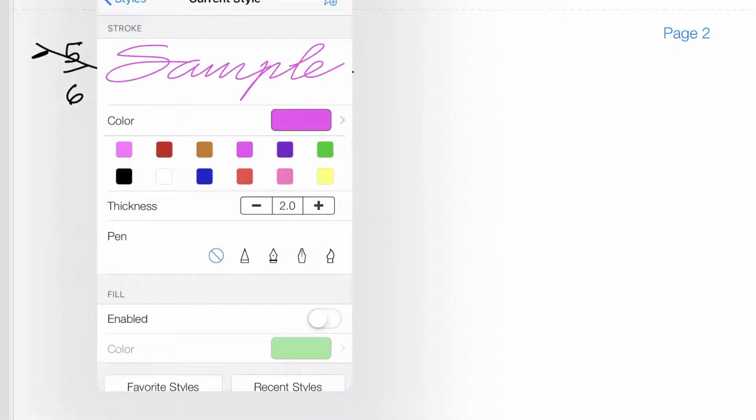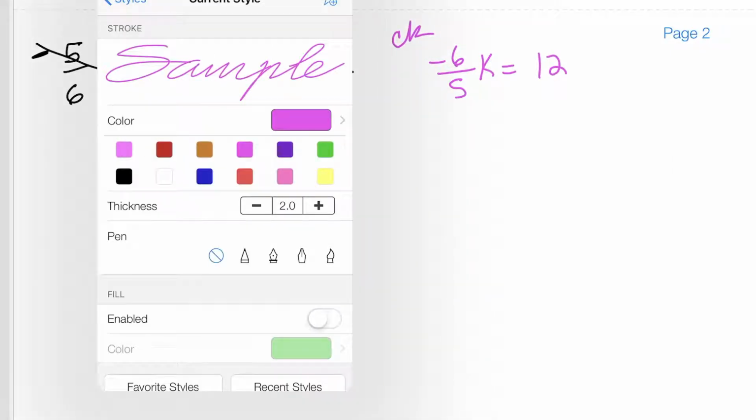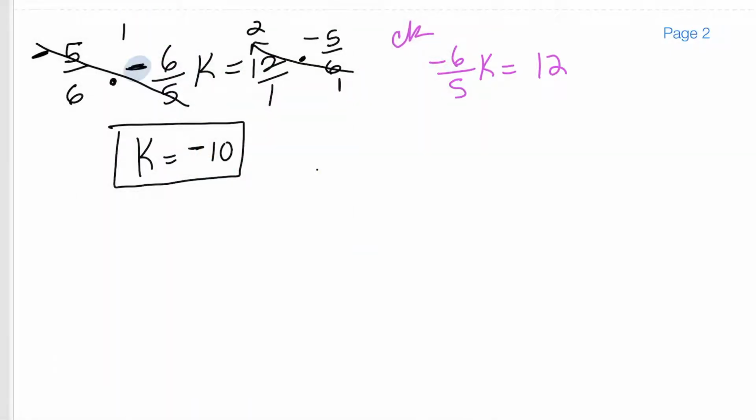Now, let's check it. So I'm going to check with negative 6/5 k is equal to 12. Okay, this is my check. So that means that I'm going to substitute in negative 10 for k. So this is going to be negative 6/5 times negative 10 is equal to 12.